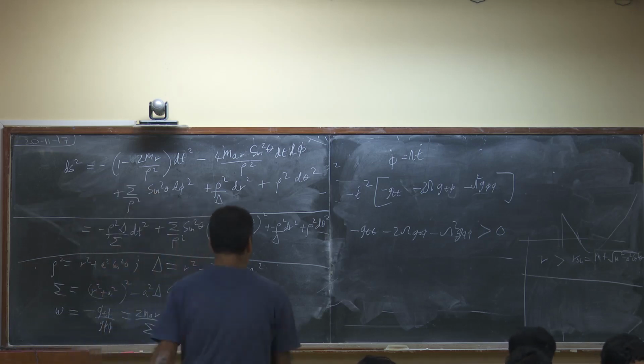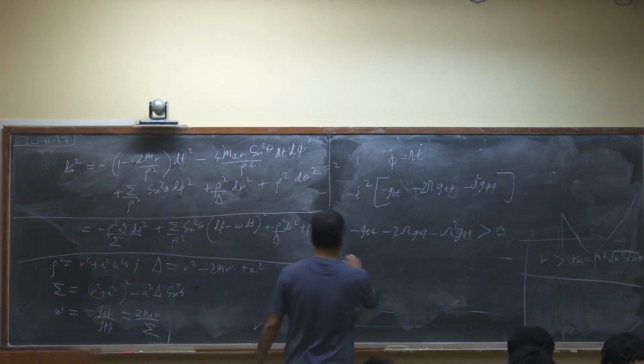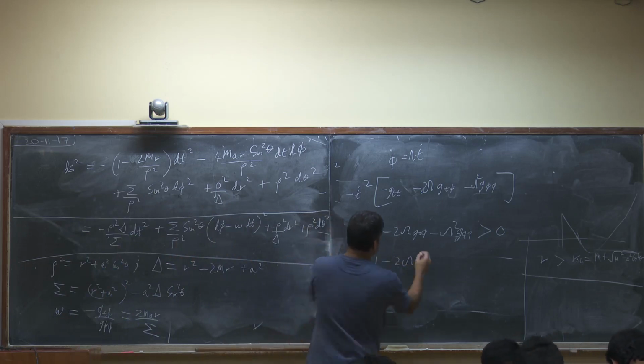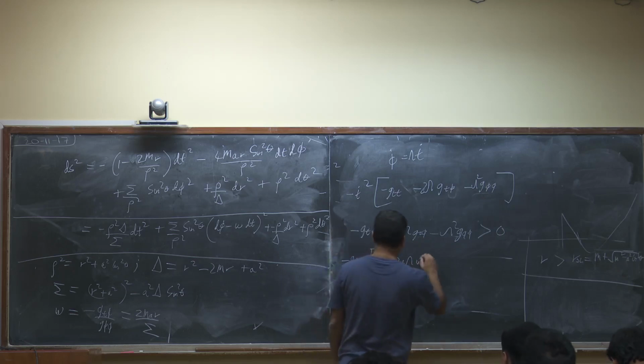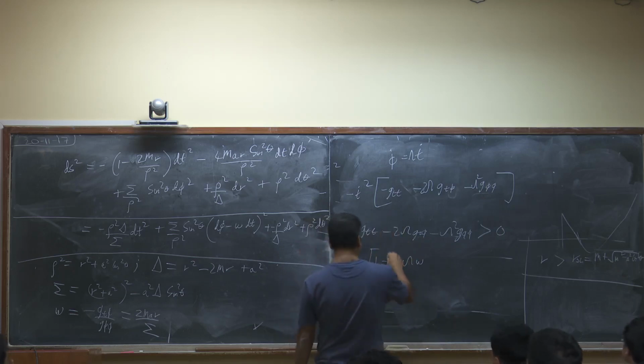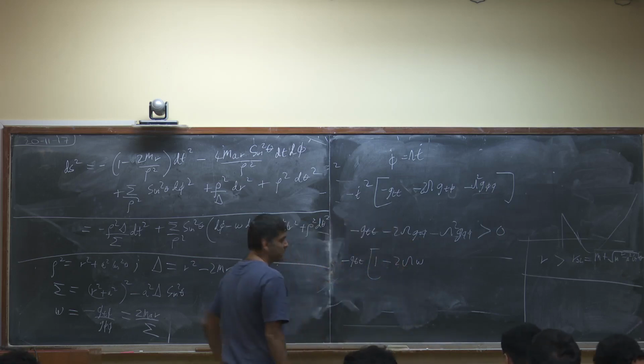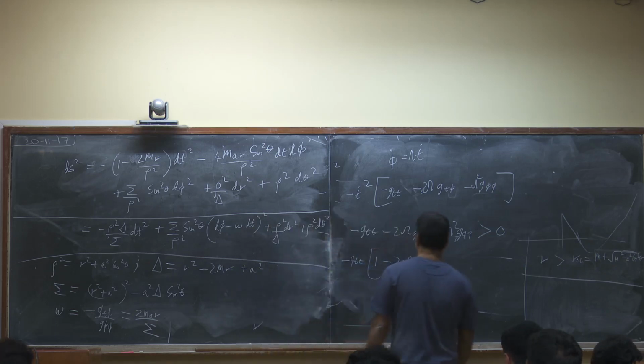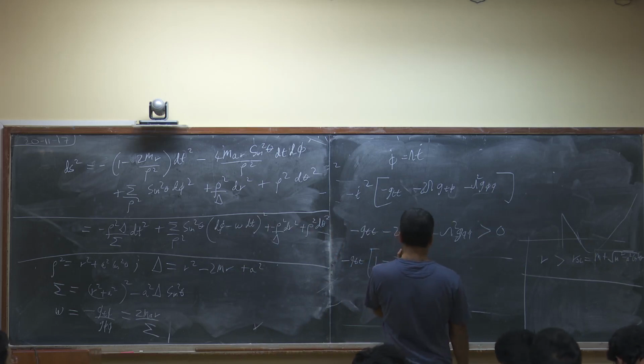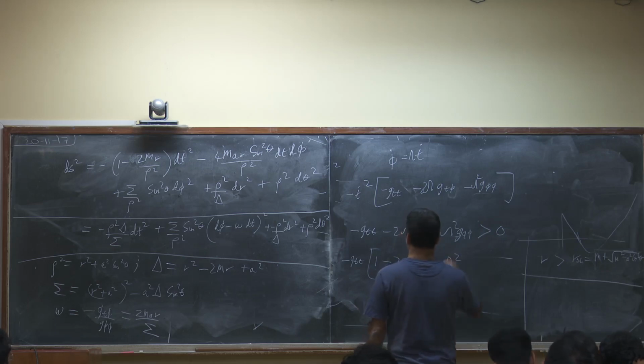Let's take a minus g_tt outside, into 1 minus 2 omega. Now this by definition is little omega, including the minus. Then minus omega squared. Okay, it's not so nice.